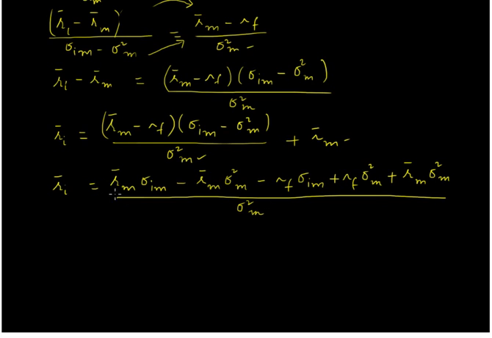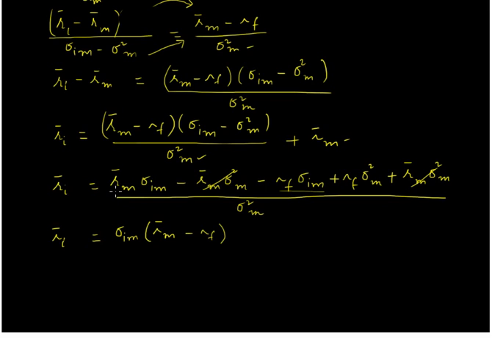Now let us see what we have. We have this minus Rm bar times variance of m, and we have this plus Rm bar times variance of m. So these two are going to cancel out. From the remaining terms, let us try if we can collect some terms. Let us collect covariance between I and m. So inside the bracket, I'm going to have an Rm bar from here, and from this item here, I'm going to have an Rf.